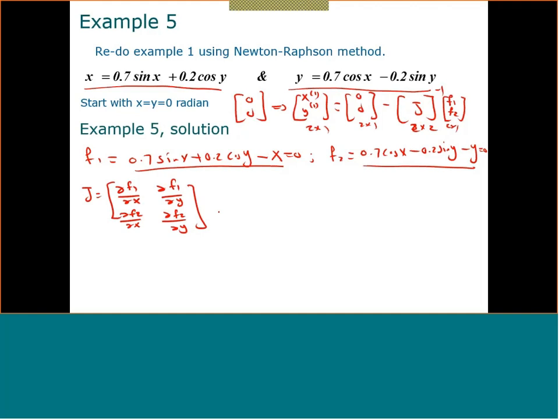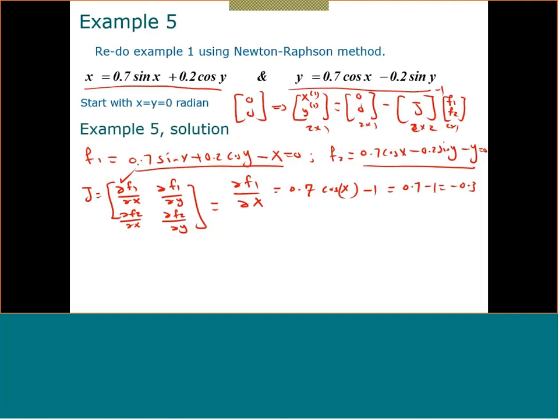So from this, what is the partial derivative of f1 with respect to x? This is equal to 0.7 cosine x. This goes to 0. This becomes minus 1. Now, if I substitute 0 and 0, my initial guess, this becomes equal to 0.7 minus 1, which is minus 0.3. So I found this first element.